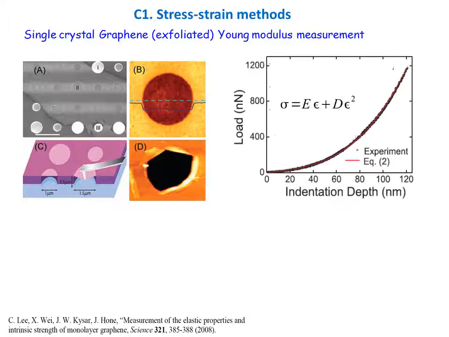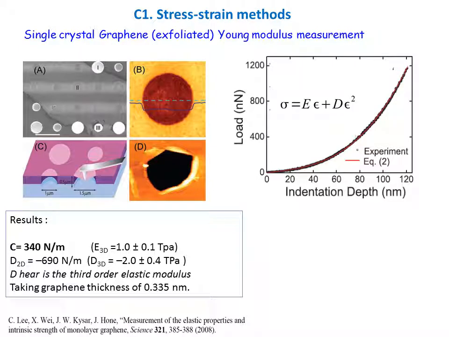As you can see in this curve, the stress-strain curve is not linear and needs to be fit with two parameters, E and D. The linear term gives us the in-plane stiffness E, which leads to an equivalent 3D Young modulus of 1 terapascal. The quadratic term D must not be confused with the bending radius. Here it is a quadratic term that goes out of the linear response.